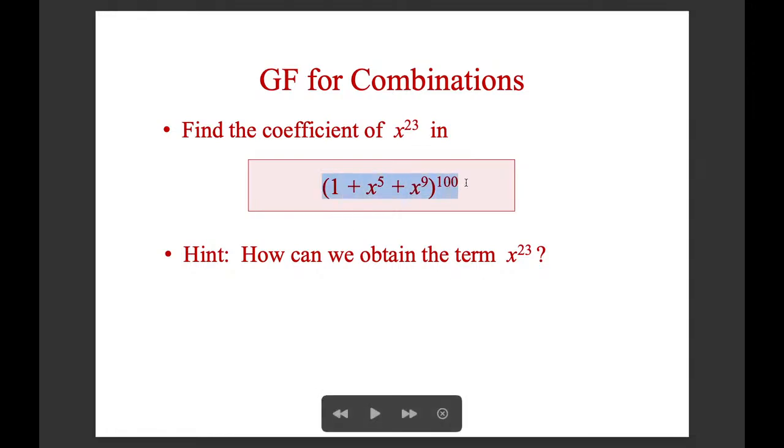Now, first of all, what does this expression mean in the combinatorial sense? We can think of this as we have 100 types of objects, and for each object, we may either select 0 of them, or 5 of them, or 9 of them.